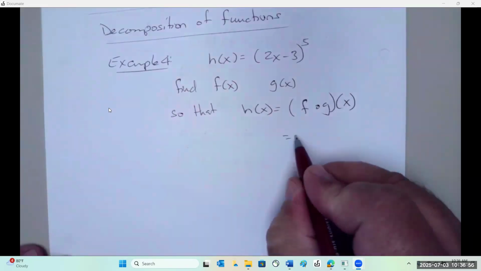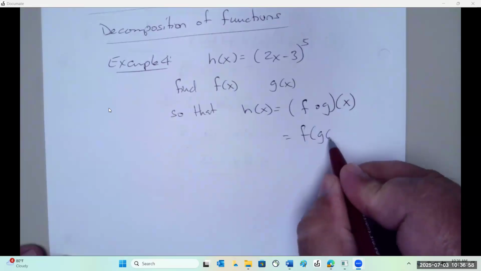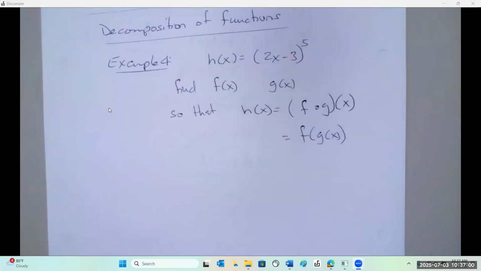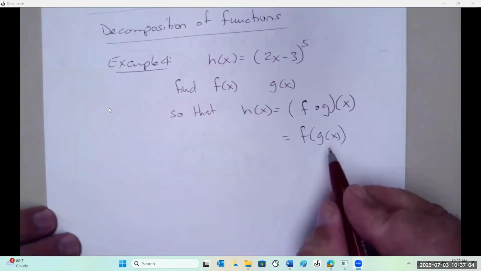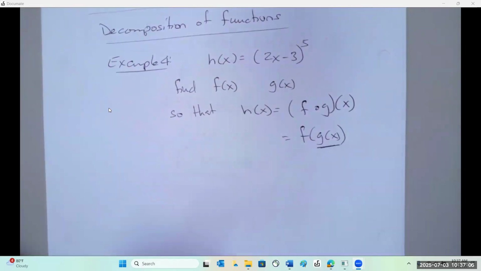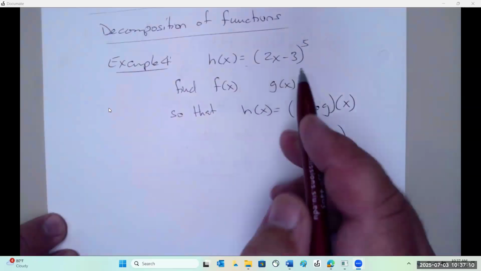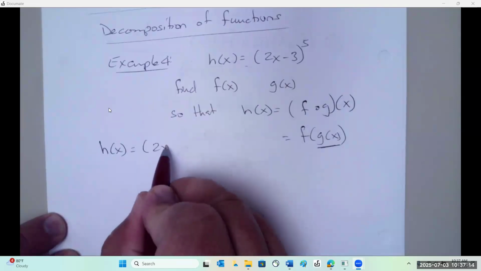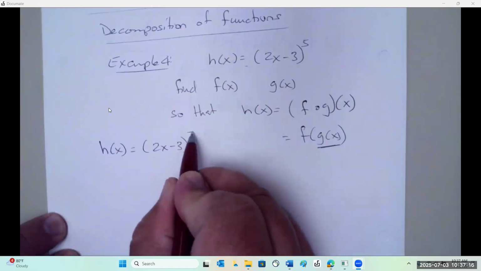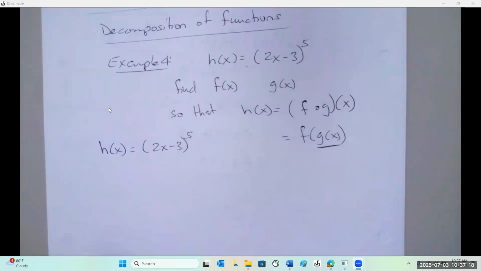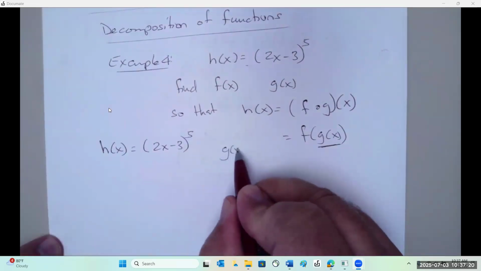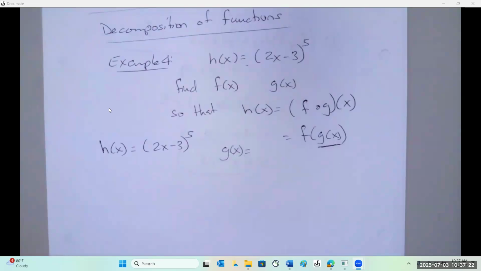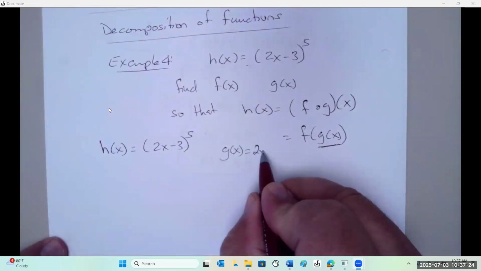So what does f of g mean? That means f of g of x. Why is that important? Because g of x is the inside function. So in this equation, what's the inside function? 2x minus 3.